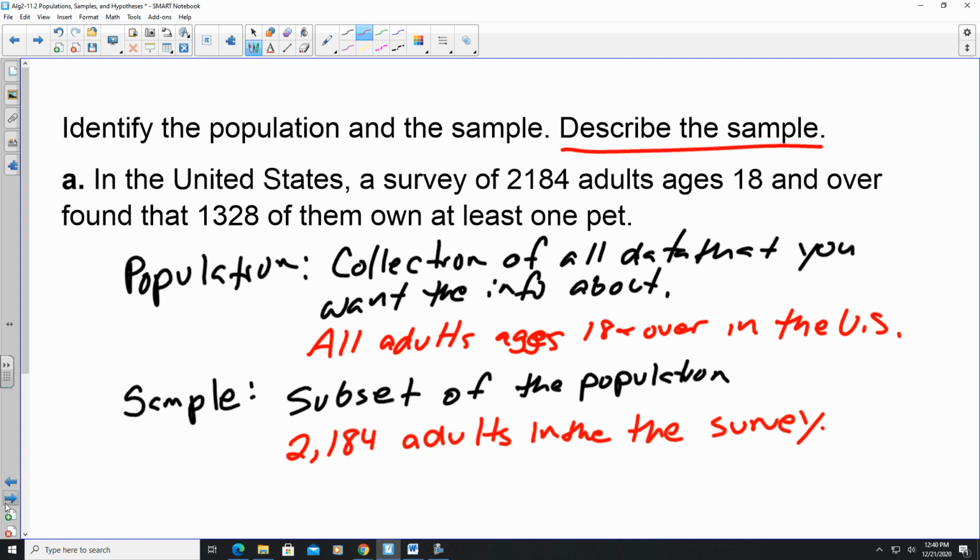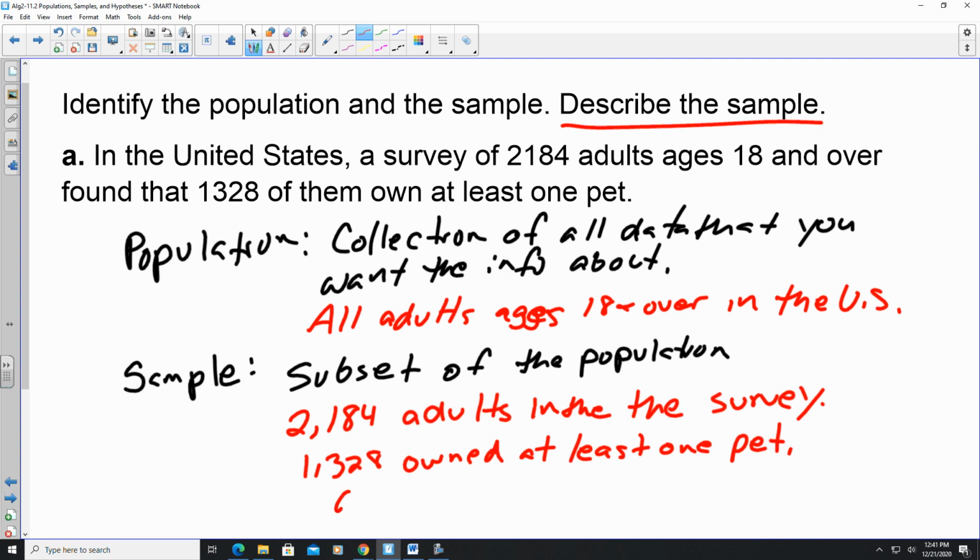So our description of this sample would be that of the 2,184 adults, we can say that 1,328 of those adults owned at least one pet, and 856 of them don't own any pets. So that's a description of the sample with respect to the population.